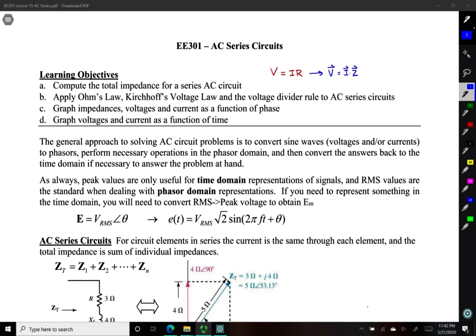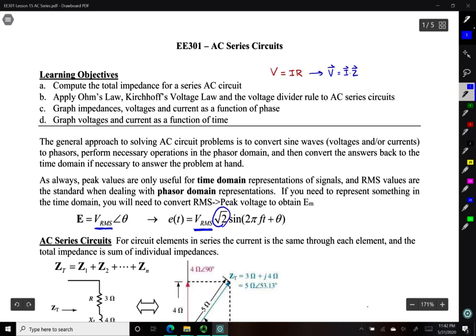So depending on what is required of us, we just need to be cognizant of the fact that when we're going back and forth from the phasor domain to the time domain, we just take our voltage RMS value from our phasor and we place that in the amplitude of our time domain, but we have to scale it by a factor of √2. Likewise, we will take our phase angle in the phasor domain and place it back into the time domain sinusoidal function.